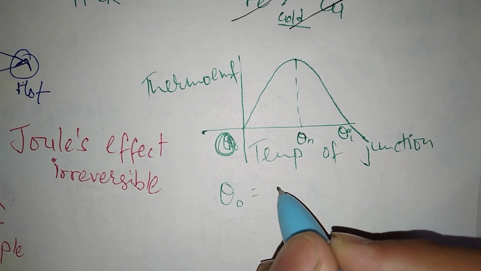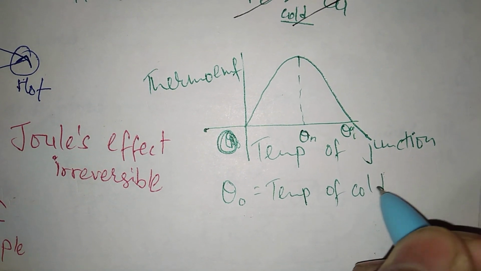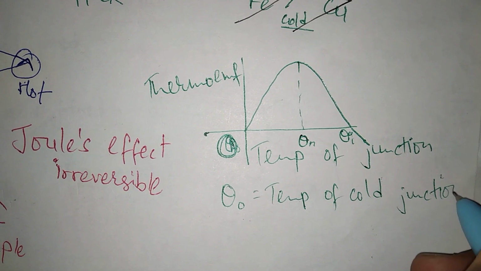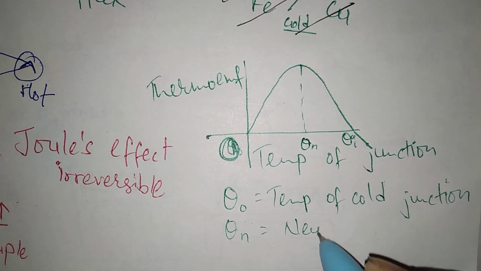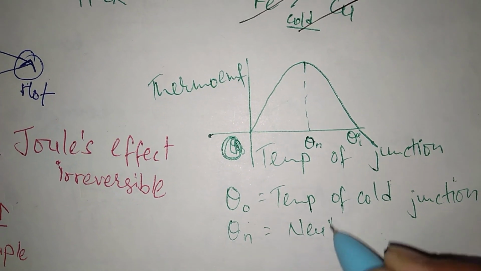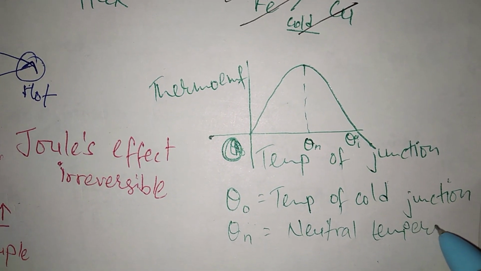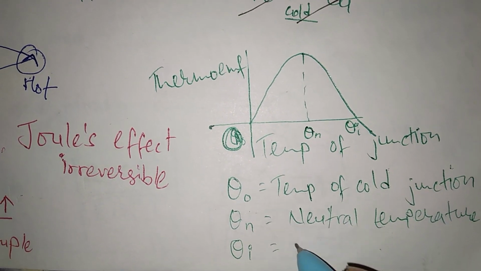Theta naught means the temperature of the cold junction. Theta n means the neutral temperature. And theta i means the temperature of inversion.